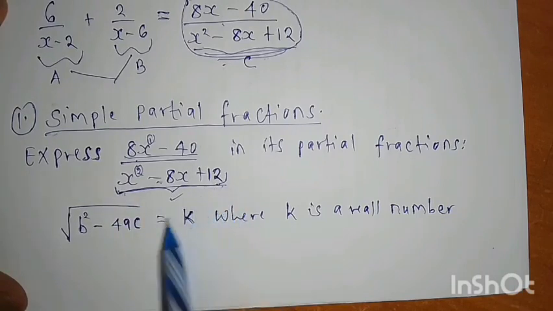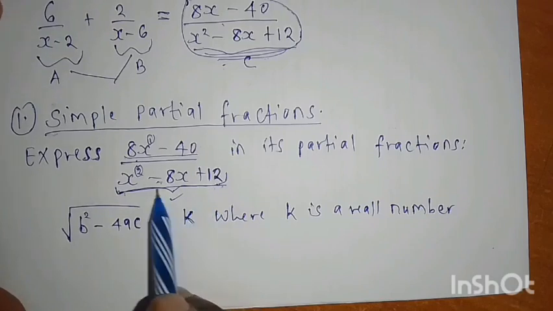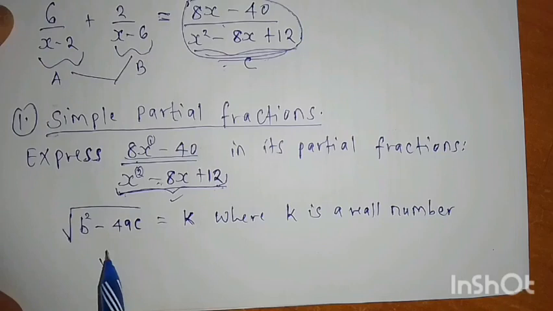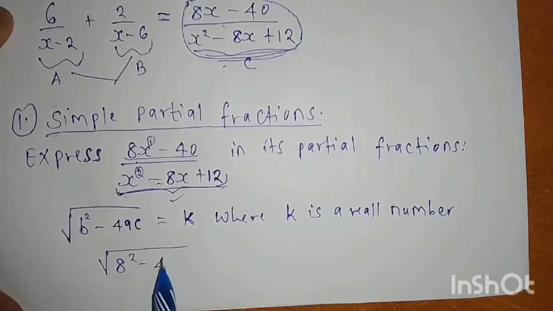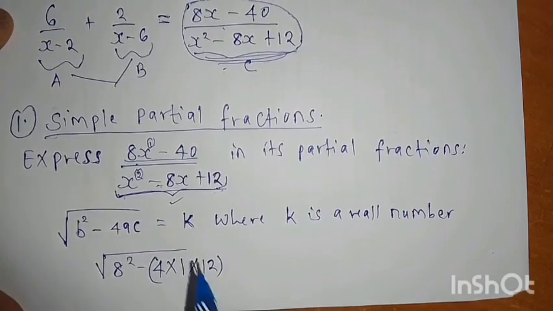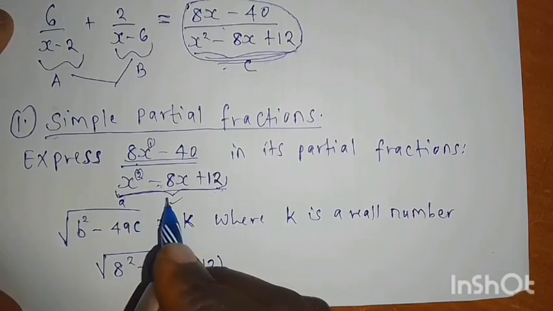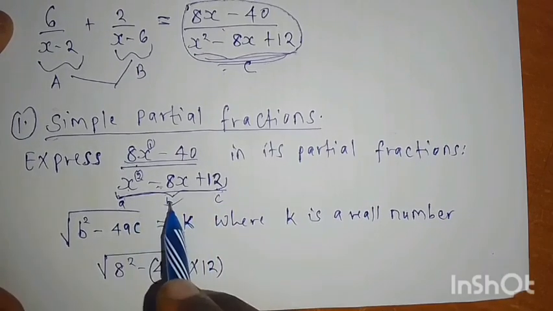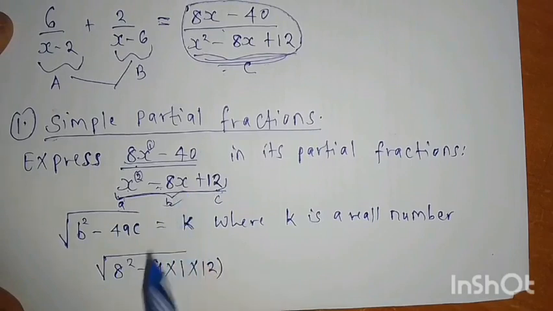That is for the case of quadratic expressions like the one we have. So let us carry out the check. If we take the square root of 8 squared minus 4 times 1 times 12. Remember, this is our A, this is our B, and this is our C. A is the coefficient of x squared, B is the coefficient of x, and C is the constant.